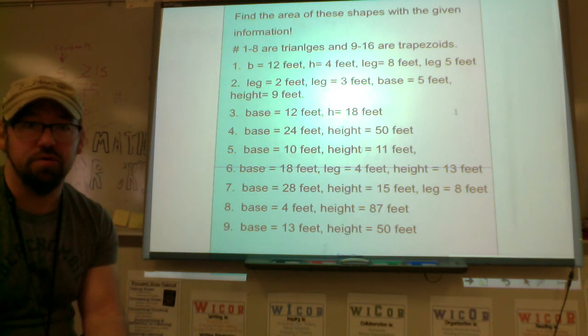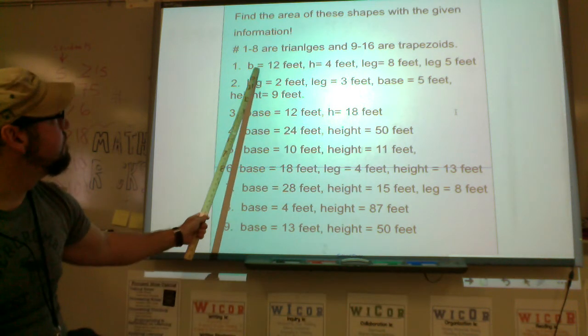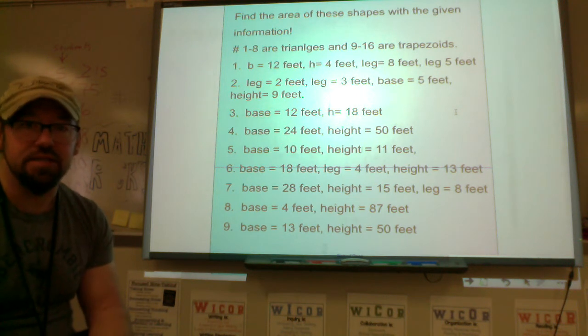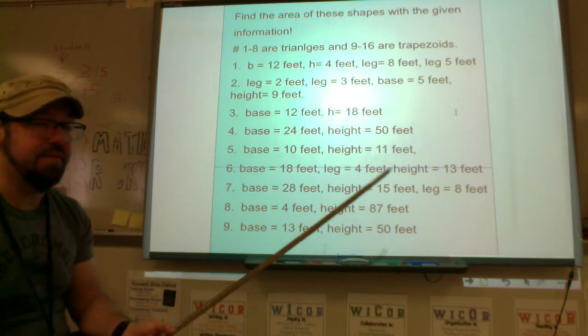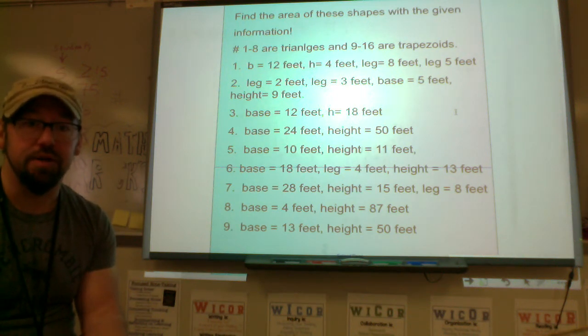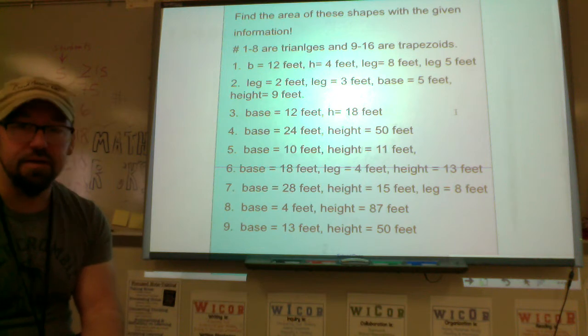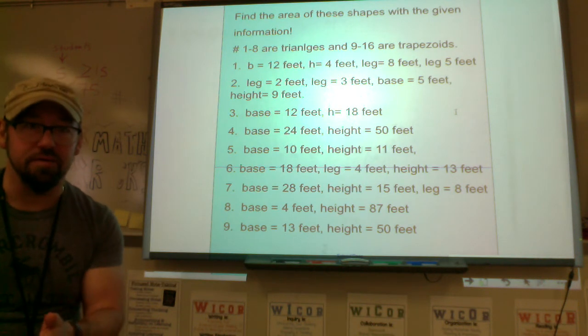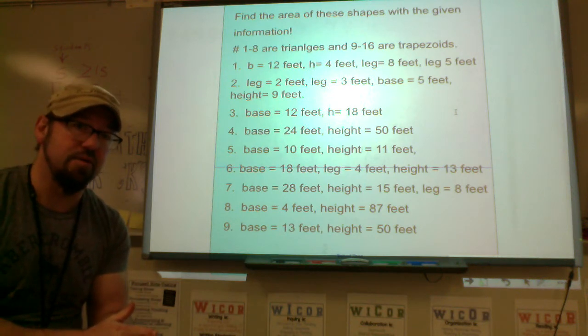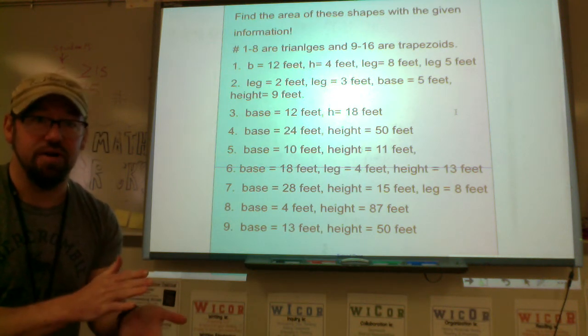So you want to use your formulas to find the area of the triangles, which are numbers 1 through 8, and then 9 through 16 are the trapezoids, and I have them on the next page. So I will put those up, and then you can practice those problems, and then I will have the answers as well. So after you see the next page, you want to pause it, write the problems down, practice them, and then check your answers.